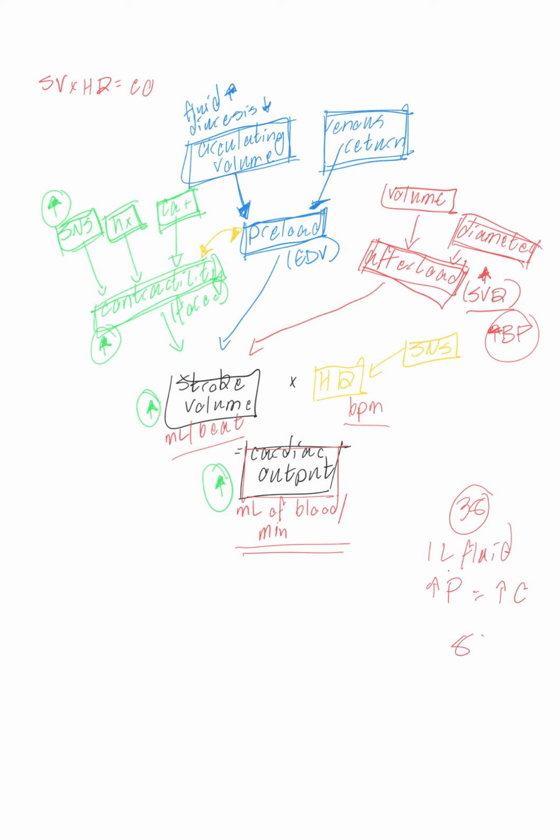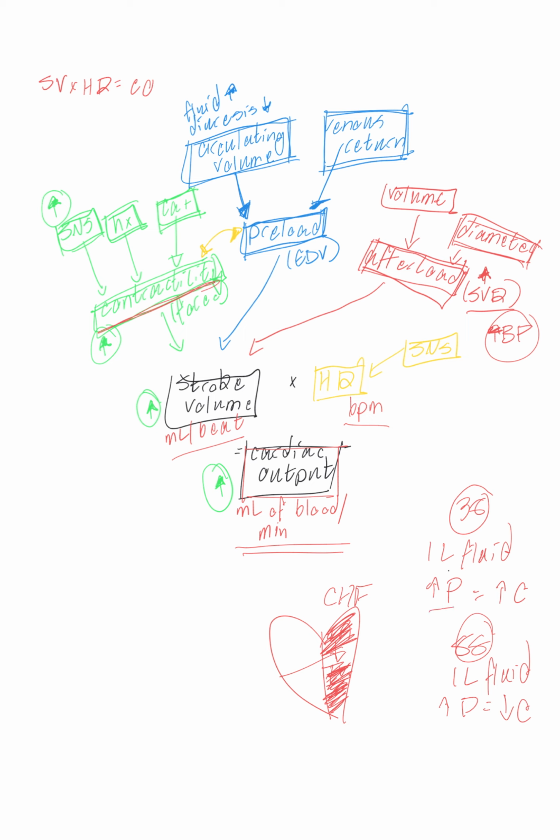If you gave an 88-year-old 1 liter of fluid, they do not have the contractility ability that a younger person has. So that increased preload can actually decrease their contractility to the point that they're not able to fully empty their left ventricle as much as they should. And then the left atrium isn't able to empty all the way because the left ventricle is filling up. The left atrium fills up, and then you are in congestive heart failure.